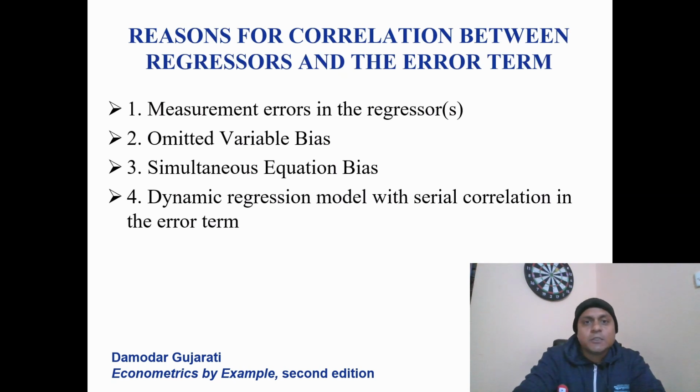Now, reasons for correlation between the regressors and the error term. Number one is measurement error in the regressor. Maybe you are choosing a variable that is highly correlated with another. For example, in one single model, if you are choosing trade openness and FDI together, there is a high chance these two independent variables are correlated with the error term, because these two are representing the same thing.